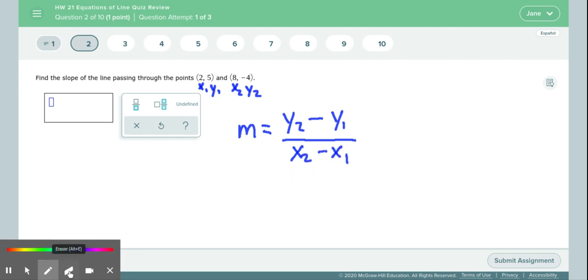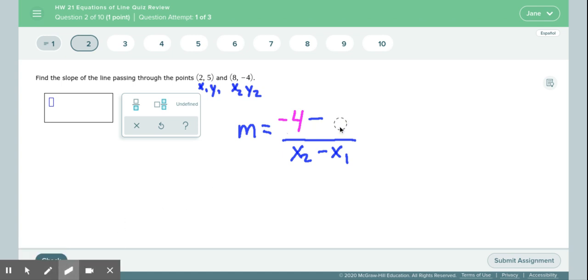So the way that a formula works is we are going to start with the formula, and then we're going to replace in that formula with the values of the variables that we know. So y2 we labeled as negative 4, so I erased what said y2 and I replace it with negative 4. Next I'm going to erase y1, and I'm going to replace it with the number that I labeled as y1, which was 5.